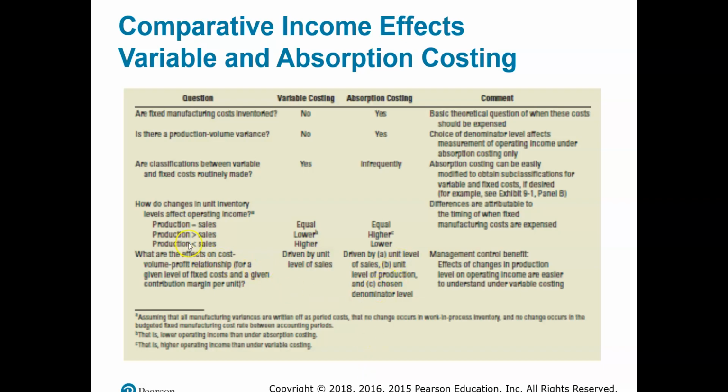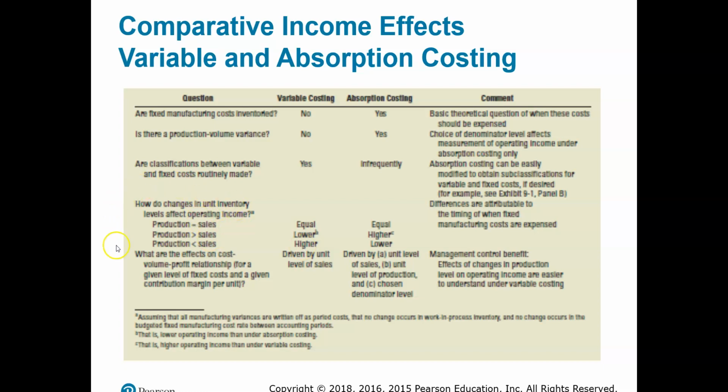Now, when production is less than sales, so let's say we produce less than we sold, what would happen? Well, we would obviously have to have beginning inventory. Because if we had no beginning inventory, there's no way we can produce less than we sold. So if we produce less than we sell, then variable costing will have the higher operating income, and absorption costing will have the lower operating income.